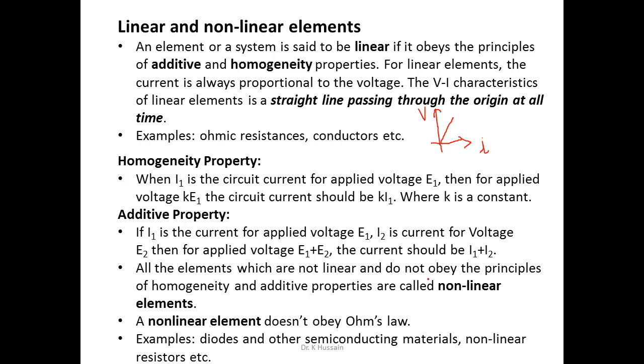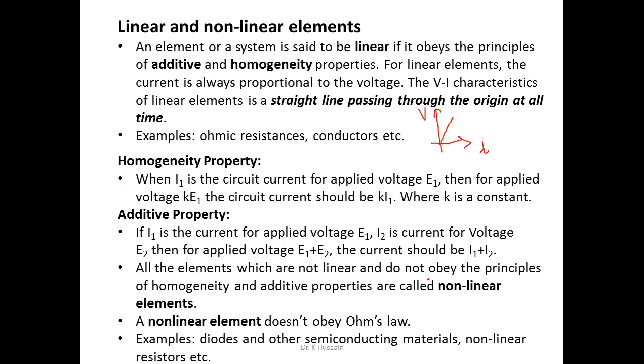In the second case, E2 is applied, at that time current is I2. When you are taking both the sources at a time, that is, applying E1 plus E2, at that time the current should be I1 plus I2. So all the elements which follow these two principles are called linear elements.